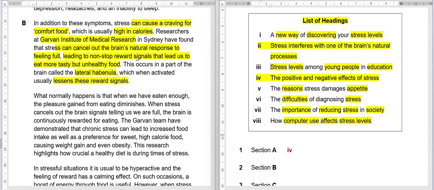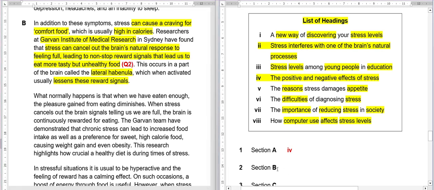Where it is written here, stress can cancel out this particular thing. So that's why we end up eating a lot of unhealthy but tasty food. So this is question 2. I hope it is clear.